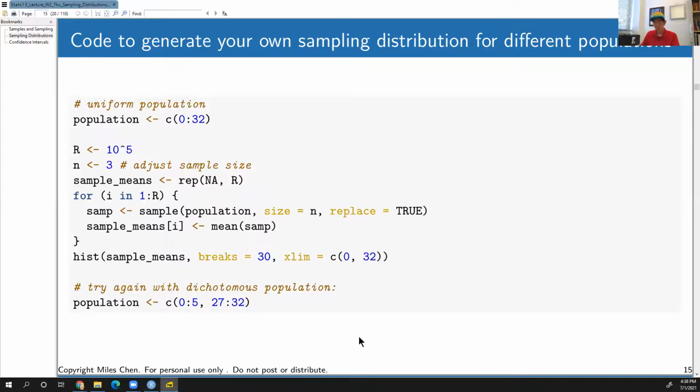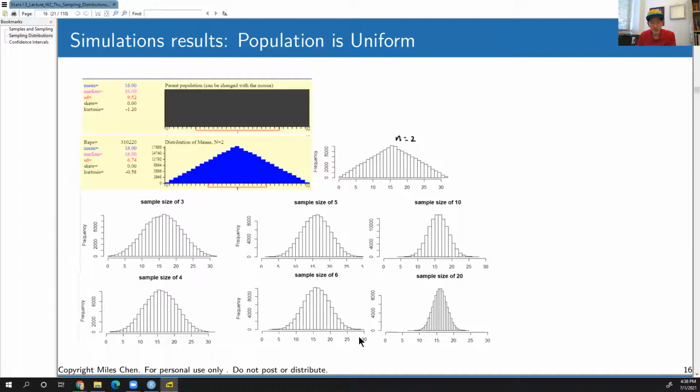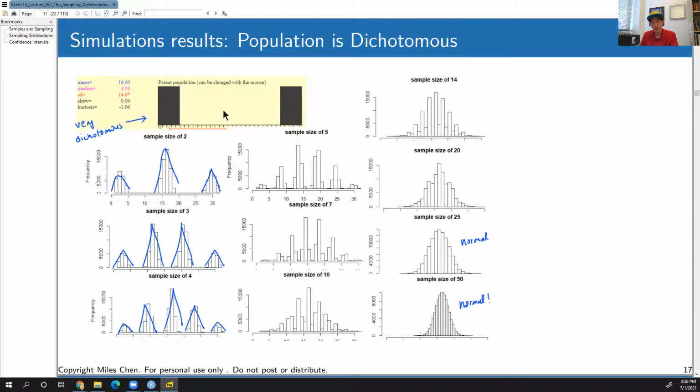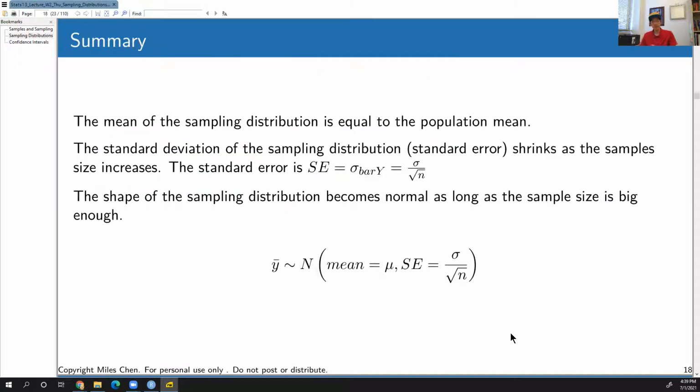All right. So this is what these slides are trying to illustrate: even if your population is uniform, even if your population is dichotomous and you get all of these crazy shapes, eventually with large sample sizes, the result ends up looking normal, okay?